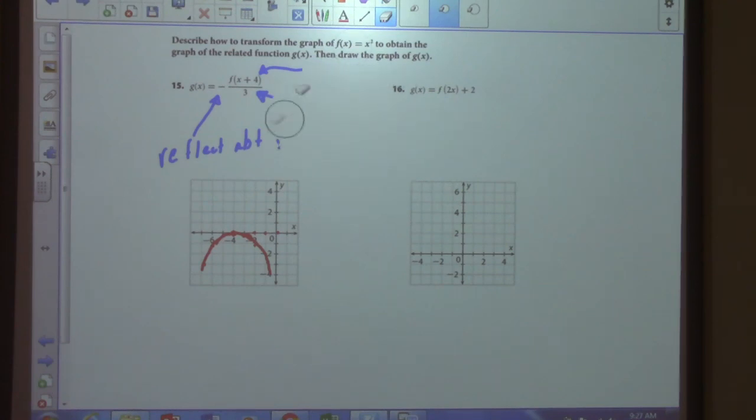Let's just look at one more, because we got this g of x equals f of 2x plus 2.